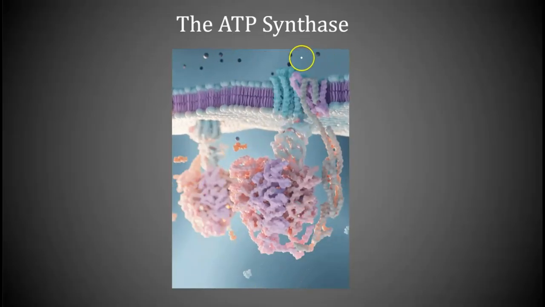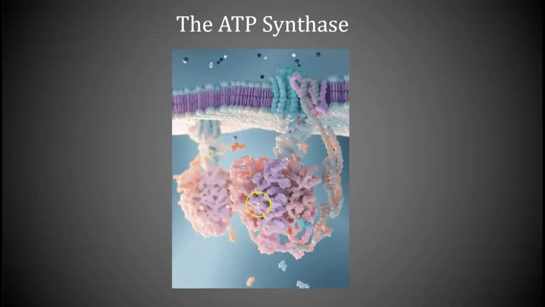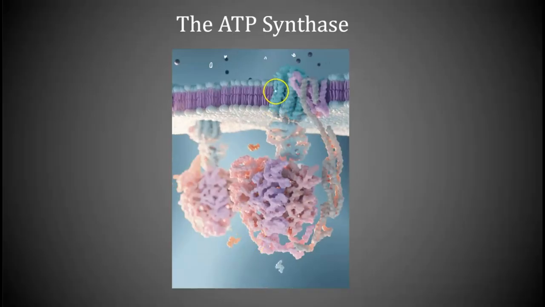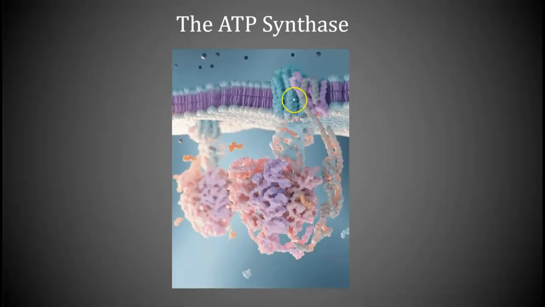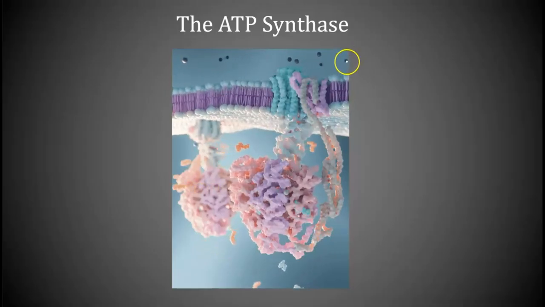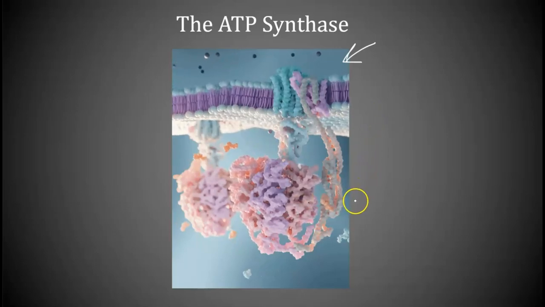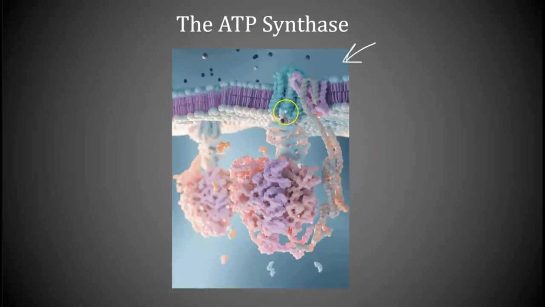So there's a concentration gradient here. You see that all these particles up here, there's a lot of them, and there's not so many down here. That is akin to the water wheel, right? Think about this being like the water stored at a higher elevation and being used to drive a mechanical process.